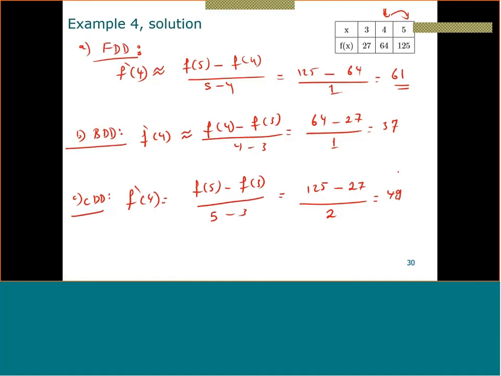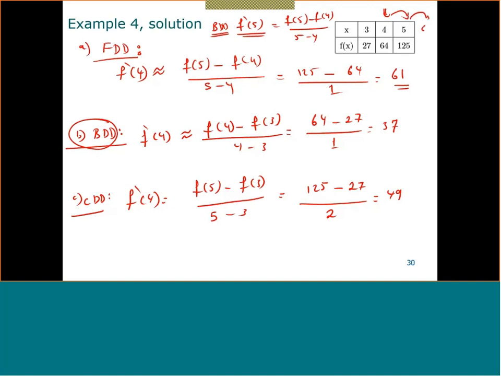Can I do that or not? Yes, I can. However, I can use only the BDD because I have a value. So this will be equal to f of 5 minus f of 4 divided by 5 minus 4. So I can do that, but this is only using the BDD. I cannot use the FDD because I don't have 6.